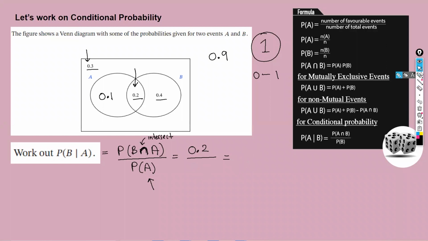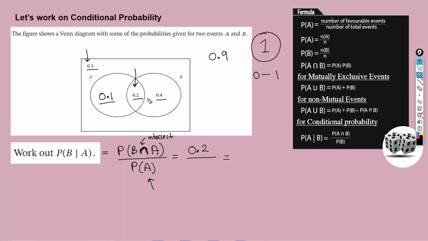In Venn diagrams, a lot of people think it's this portion, but anytime you say A, you are referring to the whole A circle, right? The whole A circle. So how much is the whole A circle?